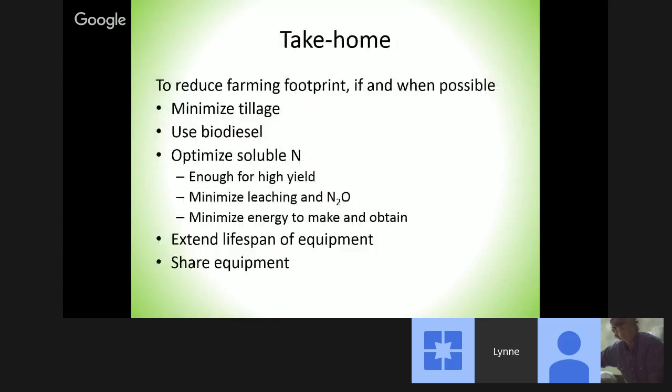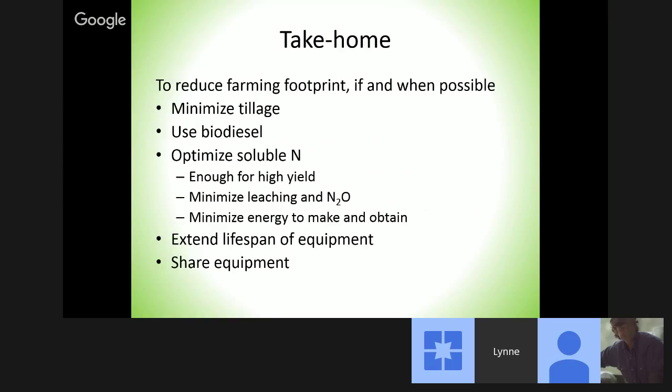Some of the things that we are seeing as hotspots in many of these farms are the tillage. We're suggesting that people find ways of producing or using biodiesel. The use of nitrogen, we knew it was a big factor, but it continues to be, and that is definitely an area of needed decision tools also.